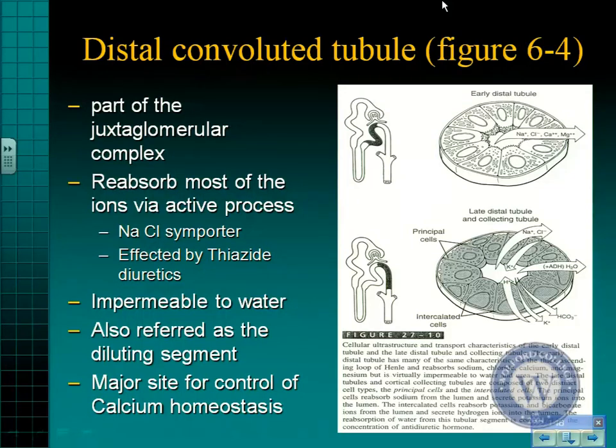So that's how it's separated out. Then say what each area is doing. I've got something that will help you later on. But the first section is filtration. The next thing is reabsorption, which is in the proximal tubule, 65%.